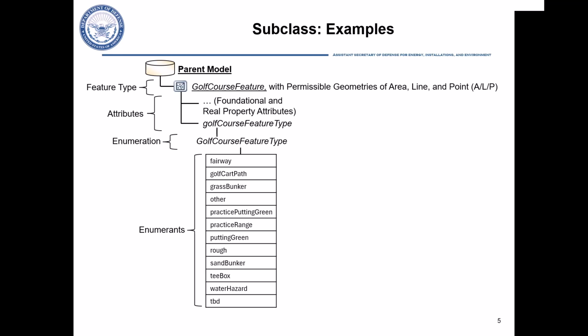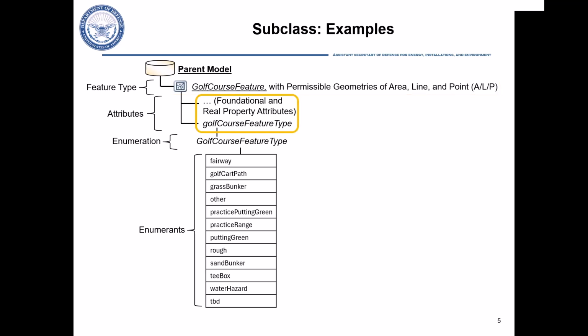Our first examples are two subclasses. Shown here is a representation of the logical data model, or LDM, as shown in the prerequisite Understanding the Vector or V standard training video. These examples are based on the golf course feature type, which can be implemented in any of the three geometry types.